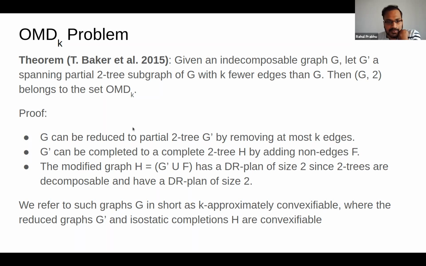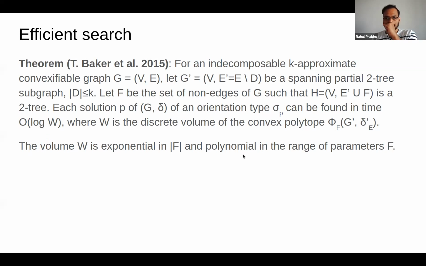Basically, you had a partial 2-tree that you completed to a 2-tree by adding the set of non-edges F. Therefore, the configuration space you get by doing this is convex, and you can efficiently search that configuration space to find the solution of the original graph.